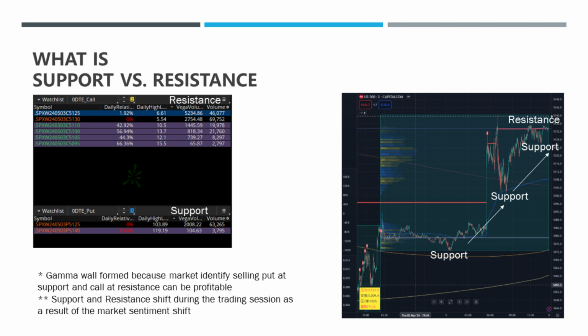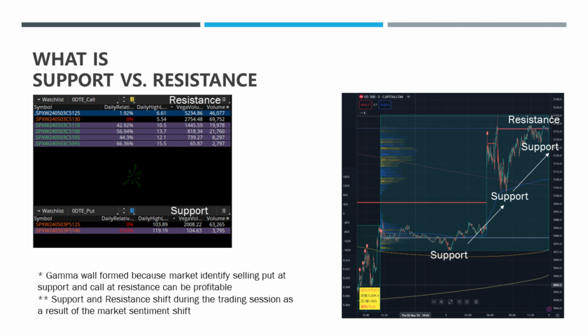Okay. So let's get back into support and resistance, and this is to show you that the support changes with time during the trading day. This is last Friday. You can visually see that the support changes, right? So during that time, I have a scan list to help me understand what are the, quote unquote, support and resistance areas sold by the option market, based on picking up the high vega volume areas of the zero DTE trade.